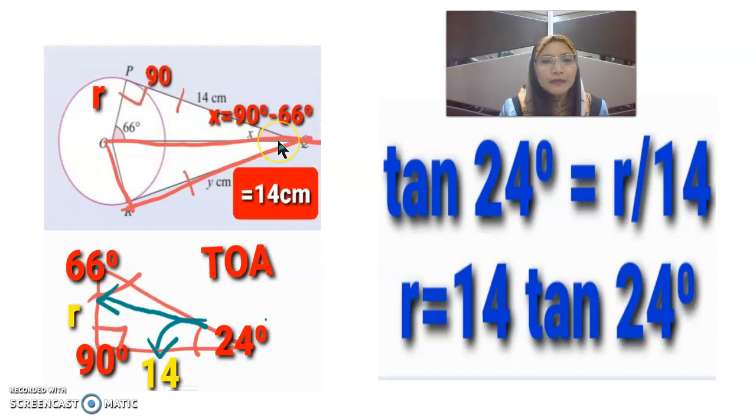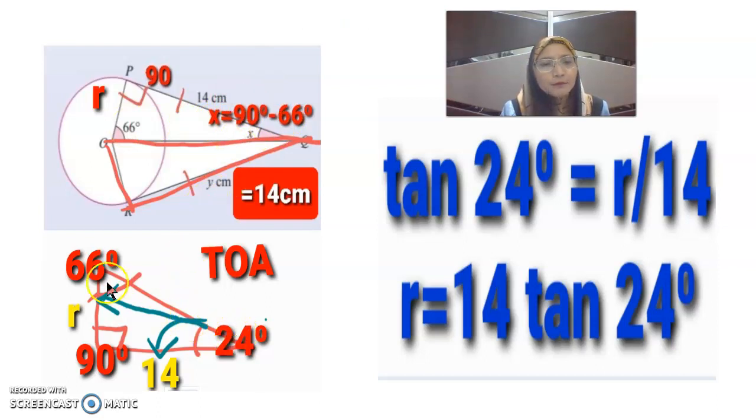This is how it works. See the working. This is a right-angled triangle. The angle here is equal to this angle, 90 degrees. This angle is 90 degrees minus 66.